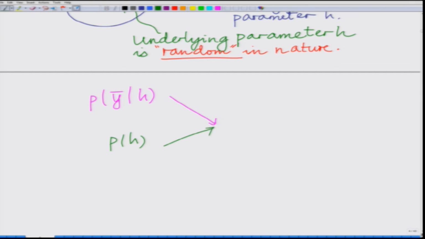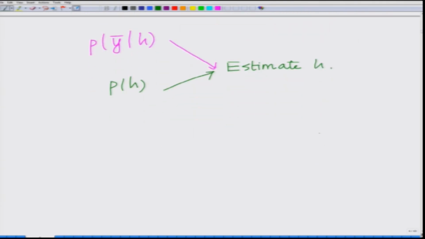We would like to use these to estimate our parameter H. And how do we do that?